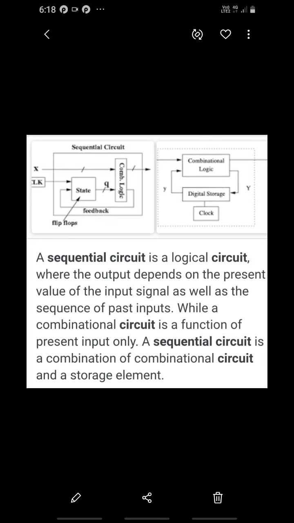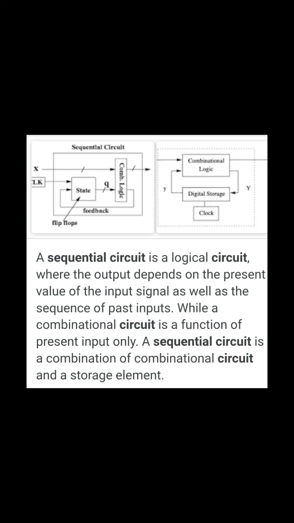Digital storage means there are different elements like flip-flops, shift registers, serial adder, counters. Flip-flops are the digital storage elements, and in a sequential circuit a clock input is necessary.